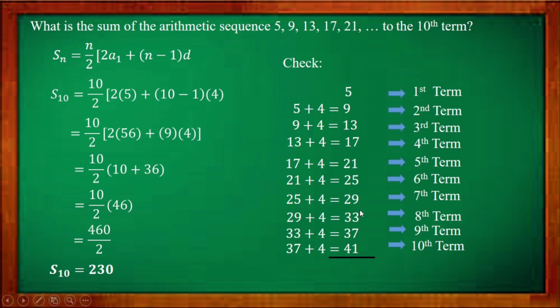And 119 plus 33 is 152. 152 plus 37 is 189, and 189 plus 41 is 230.